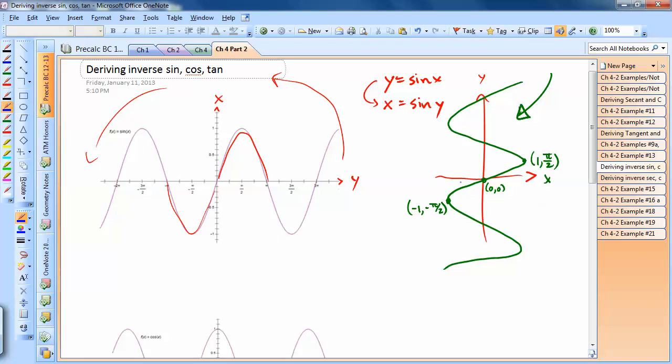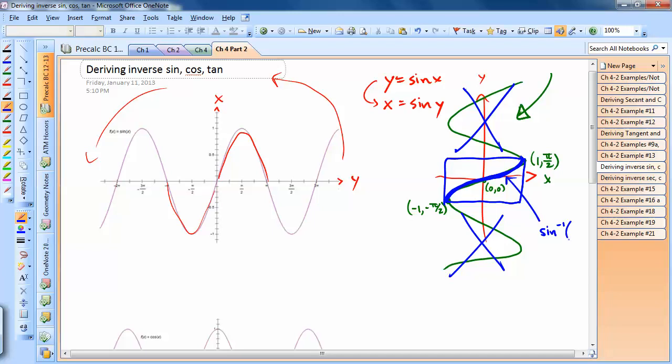In order to make it a function, people have just decided we're just going to look at this right here and get rid of all this and get rid of all this. And this curve that's right in there is going to be called sine inverse. So this curve is sine inverse of x.